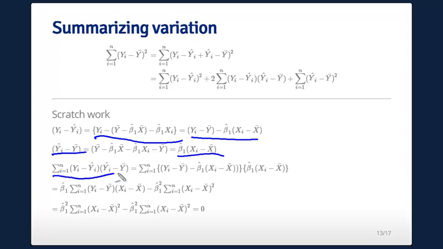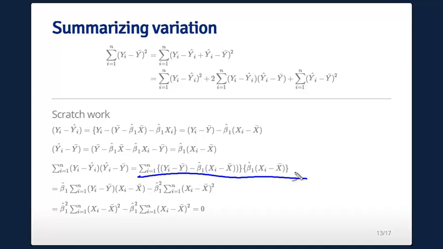So take this term and plug these two things in with our simplifications, and you wind up with this expression right here, which you can then distribute the sum across and get that term minus that term.